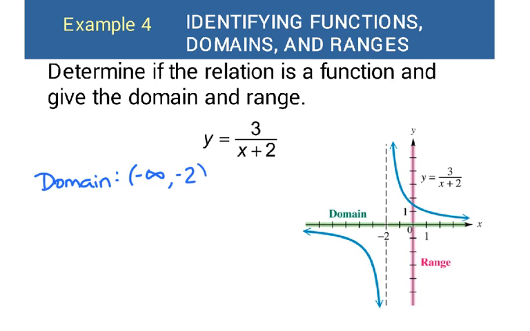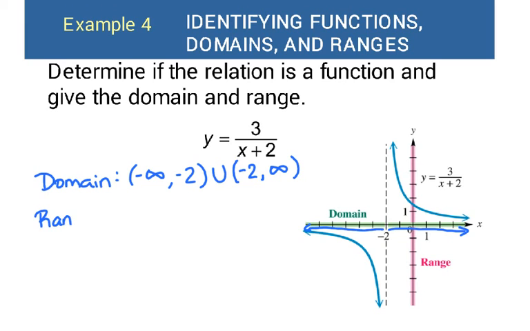And remember, not included, so put a parenthesis around it, and then union it with start back up at -2 to positive infinity. See how I did that? I covered this whole portion of the domain with one part, and the other portion with the other part of our interval notation.